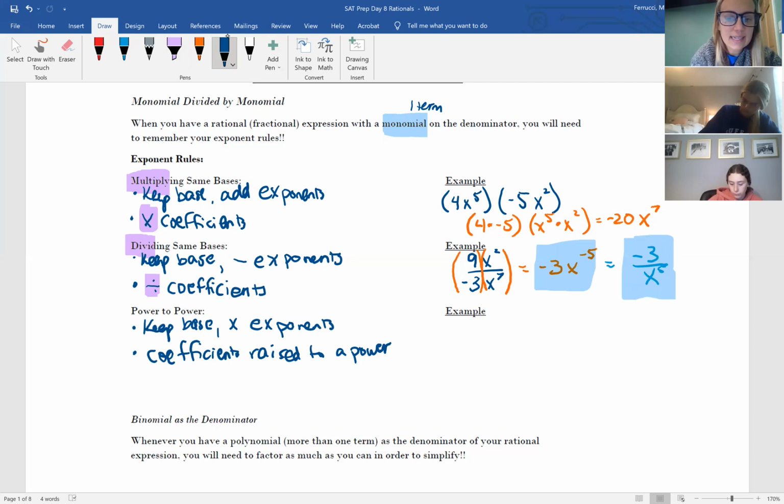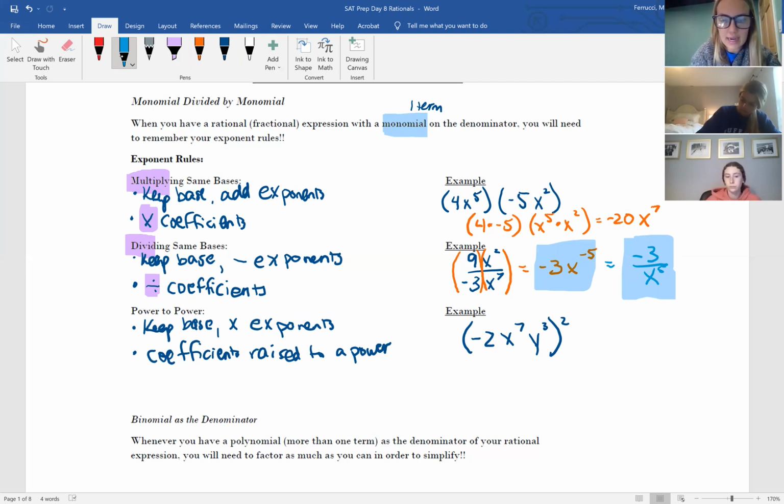Okay, so as an example, let's say I had negative 2 x to the 7th, y to the 3rd, and we want that squared. Those are powers to a power, and it's separated by a parentheses.